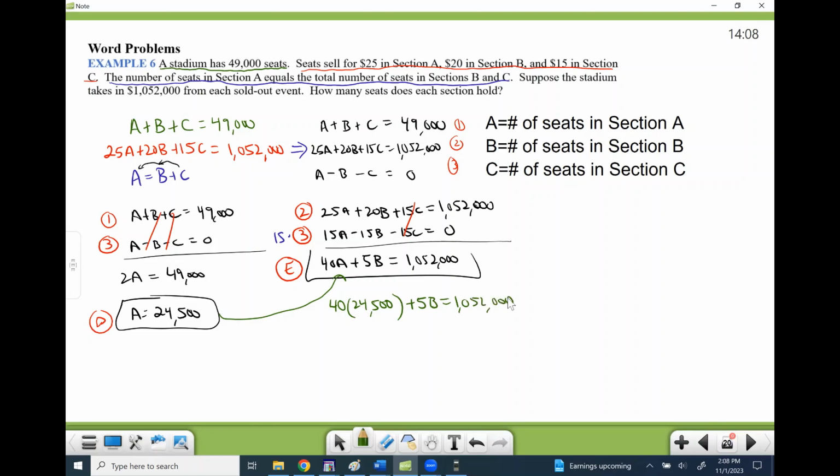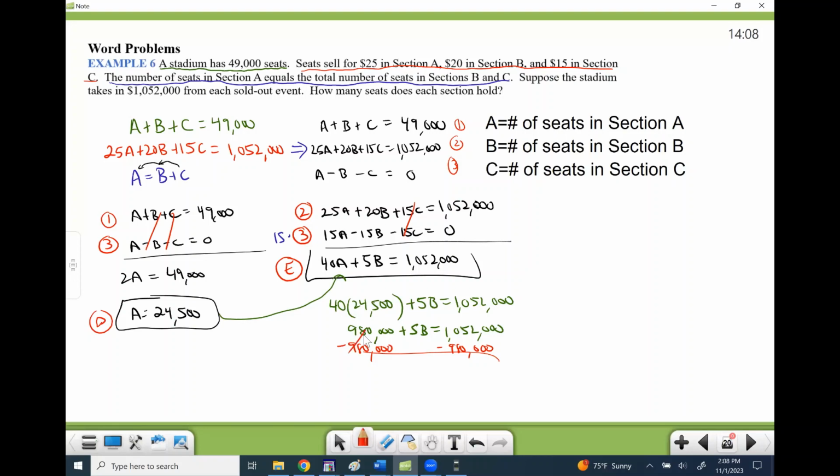Okay, so if we do 40 times 24,500, we're going to get 980,000. So we'll just take away 980,000 on both sides.